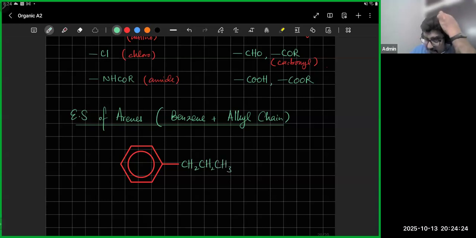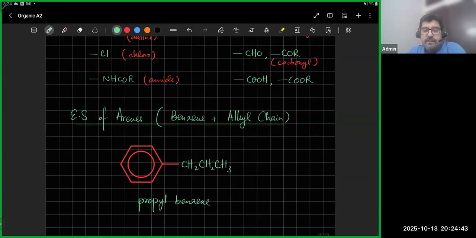Now, the name for this molecule is basically benzene, but with the propane attached to it. So this one is propyl benzene. A simple name, it's going to be called propyl benzene.